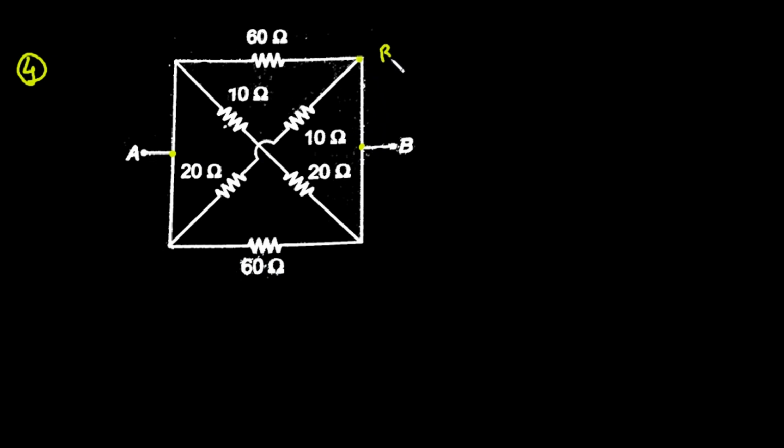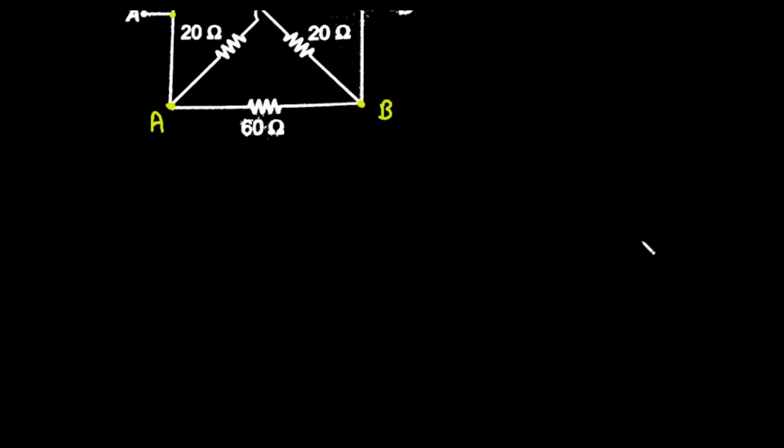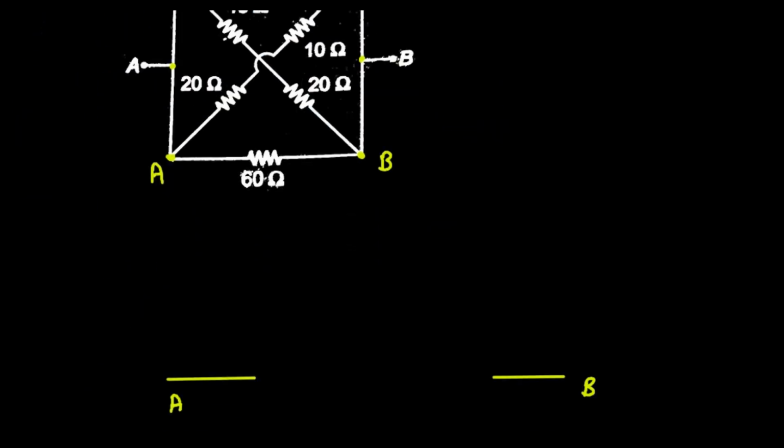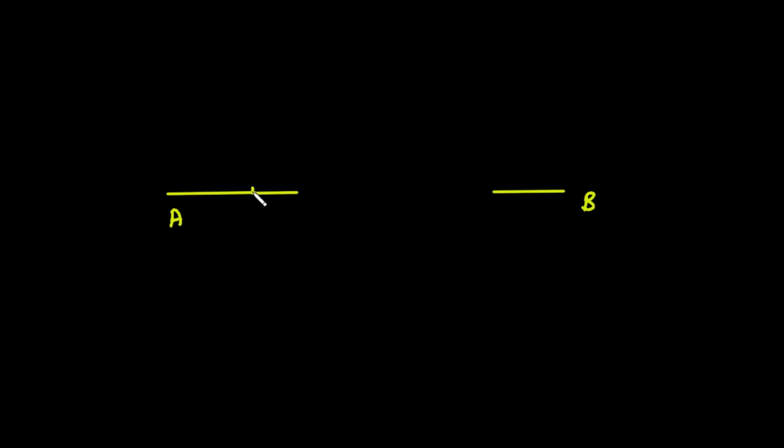So here also this is B, and here also it is B, and here it is A, and here also it is A. So let's draw two terminals A and B. So let's say this is terminal A and this is terminal B. Now first of all, let's add this resistance, this 10 and this 20. They are connected in series between terminal A and B. So let's add them.